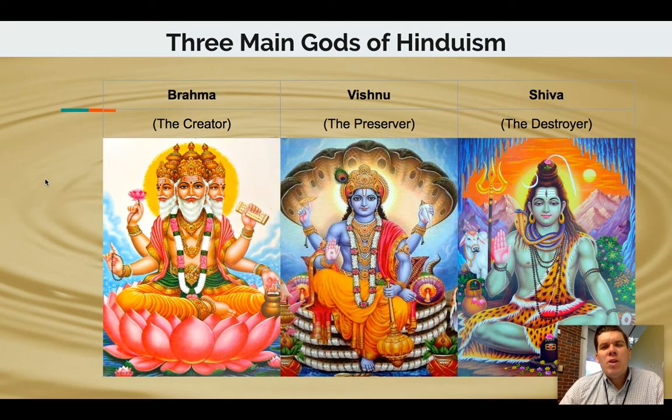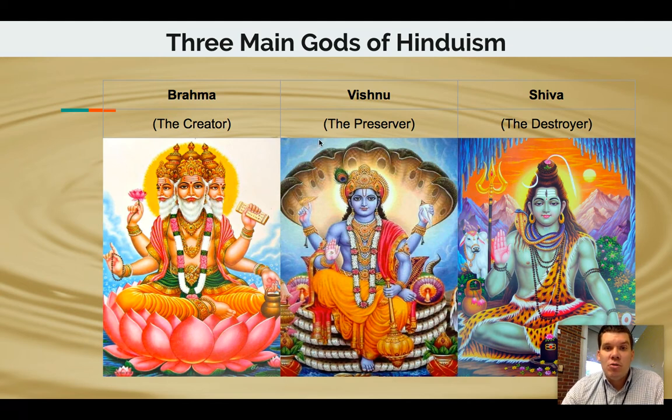There are three main gods in Hinduism. Now, there are hundreds of other gods as well, but there are three main ones. Depending on where you live in India, where your family comes from, what your family does, you may only worship a few of these gods. You may ignore other ones, but you focus on a few. We have Brahma, who is the creator god.